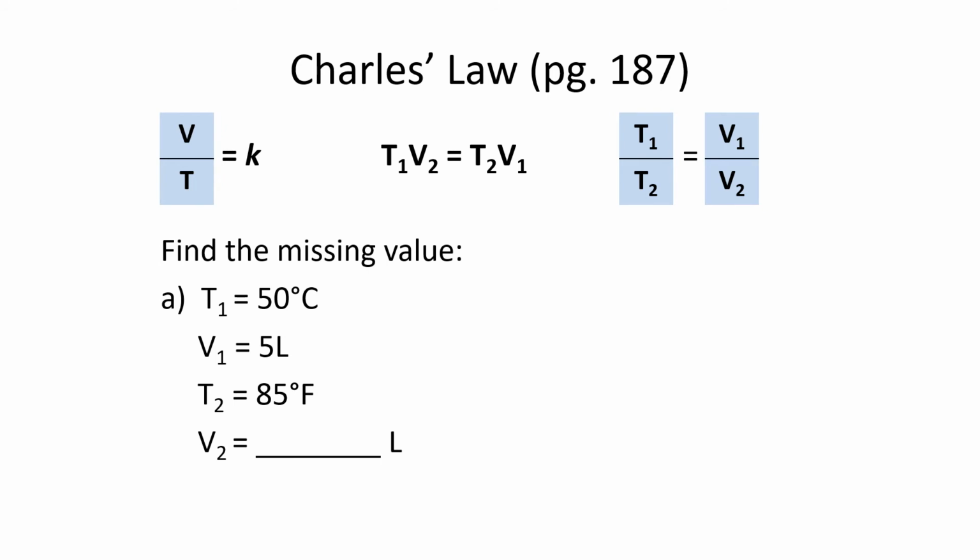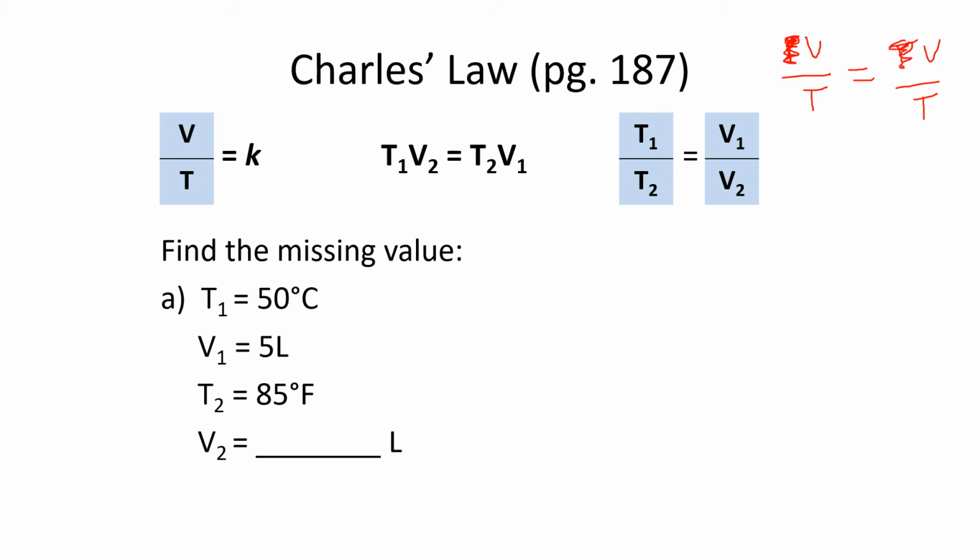Charles's Law, PV over T equals PV over T. So here all they did was remove the pressure consideration. So they took away pressure.